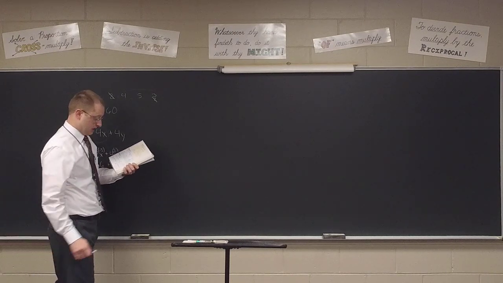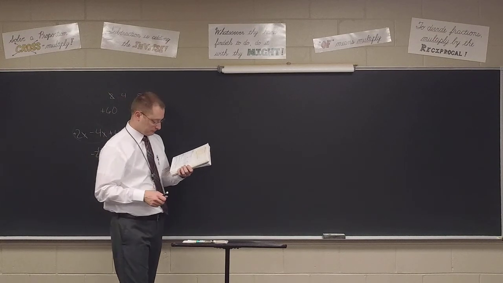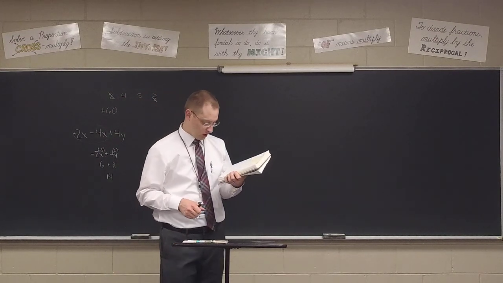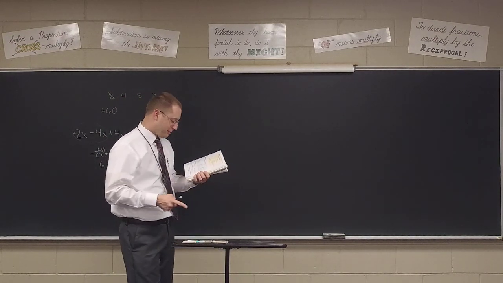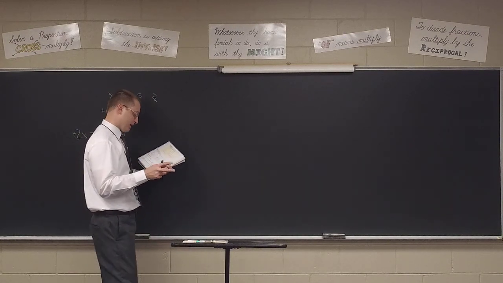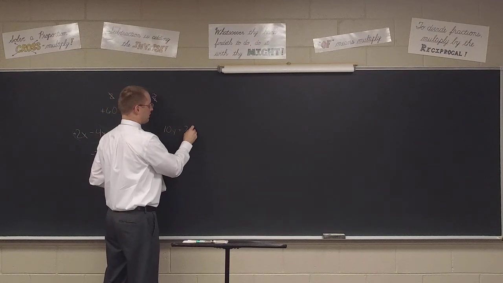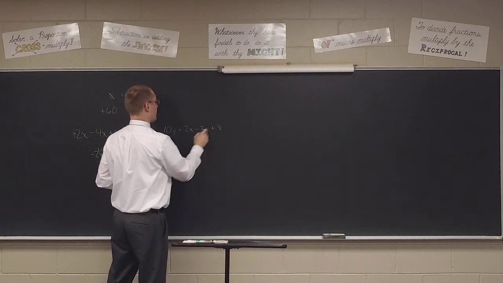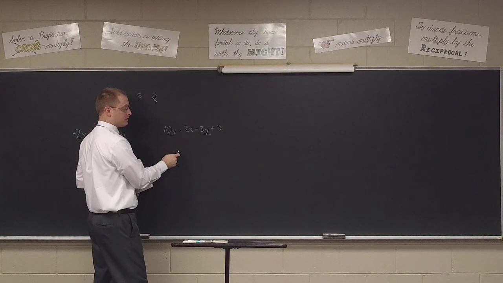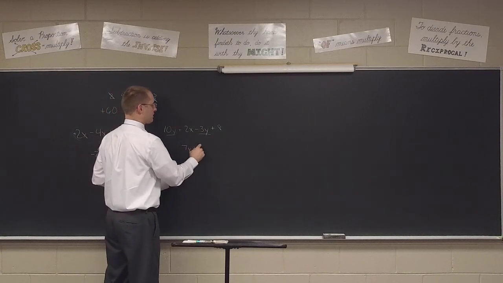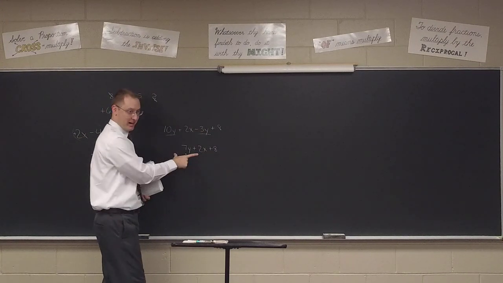So on number 6, Maddie, what did you get when you simplified? Okay, simplify means remove parentheses, combine like terms. Let's remove parentheses, Maddie. All right, and then the only combining of like terms is the y's. Positive 2x, positive 8. That's simplify.